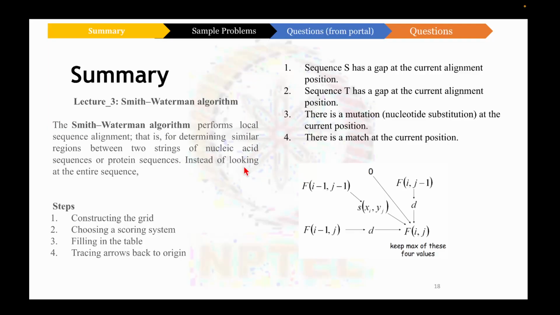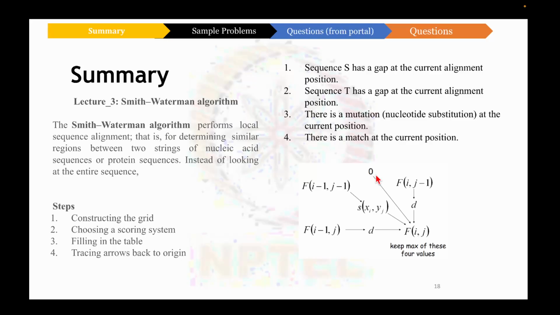Instead of looking at the entire sequence, it tries to find the subsequences that match each other. Previously in global alignment we had the maximum of 3 conditions. Here we have an extra condition: the maximum of match or mismatch score, the maximum of gap penalty from vertical and horizontal cells, followed by the maximum of 0.